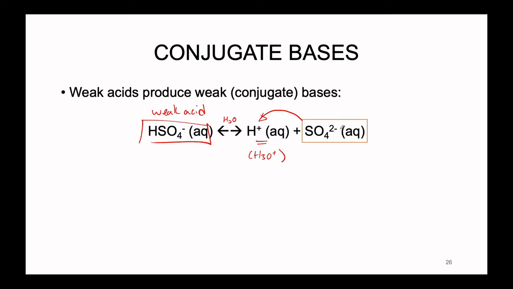Now this reaction, as we can see by this arrow here, is reversible. If we were to look at this reaction from the opposite perspective, products become reactants, and this SO4 2- is able to interact with the water reversibly to create some more HSO4- and some OH-.